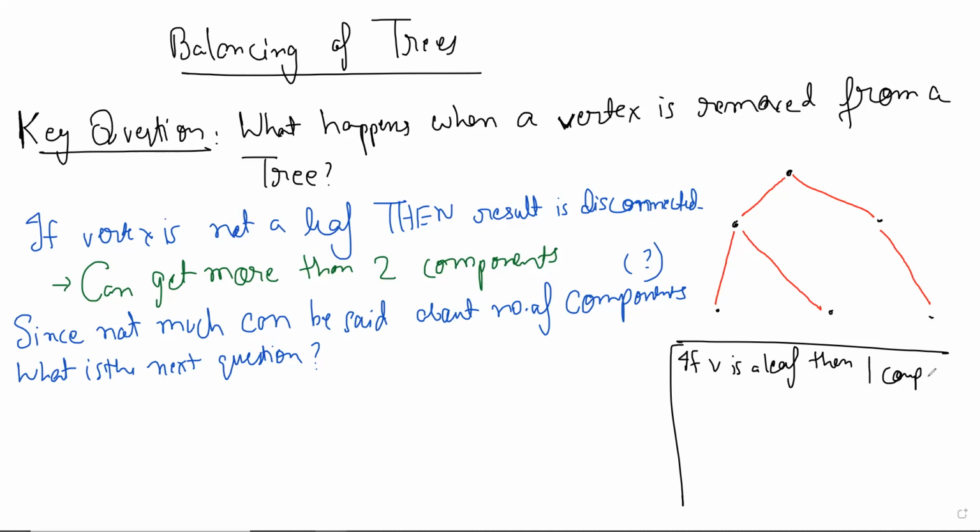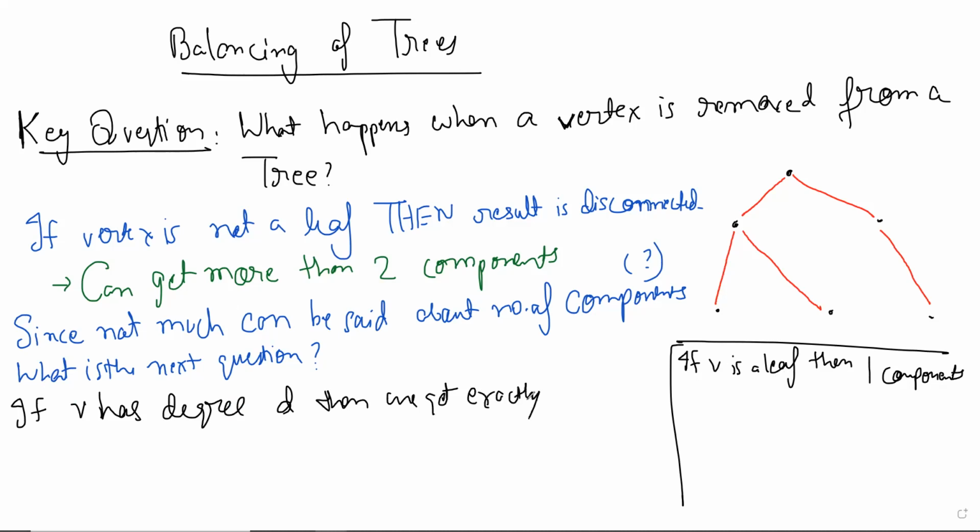If v is a leaf, then the graph remains one component. That's a simple observation, and we already know this. Now, if v has degree d, then we get exactly d trees, d components. This is also not difficult at all.